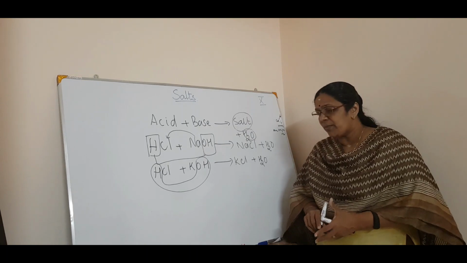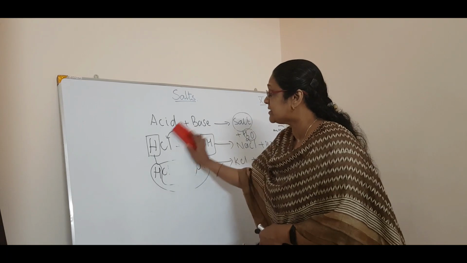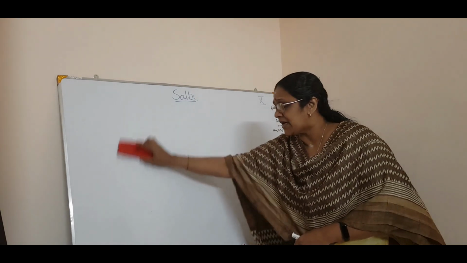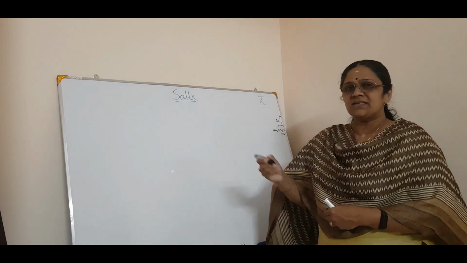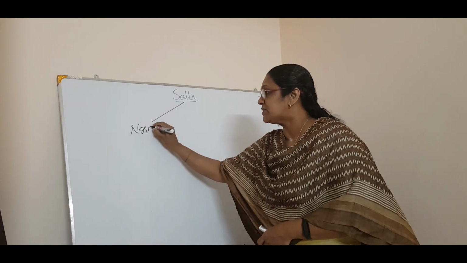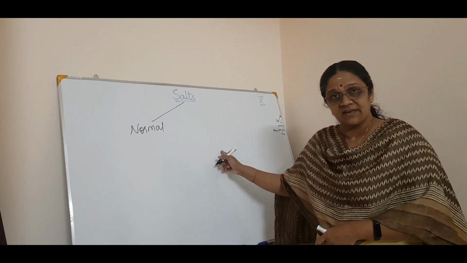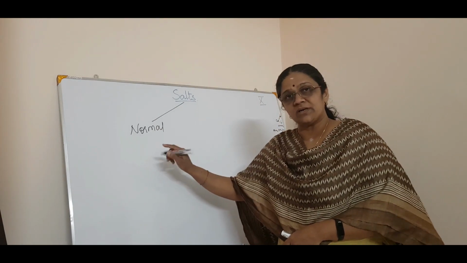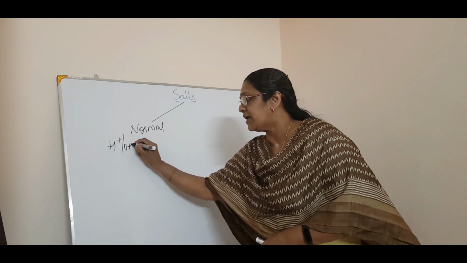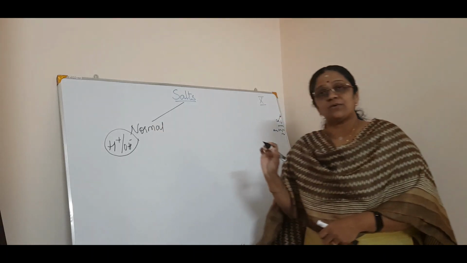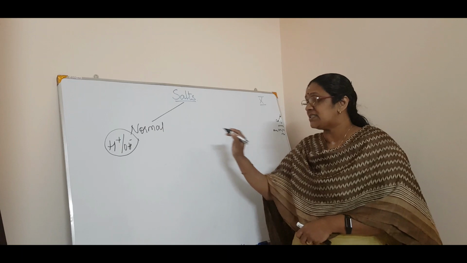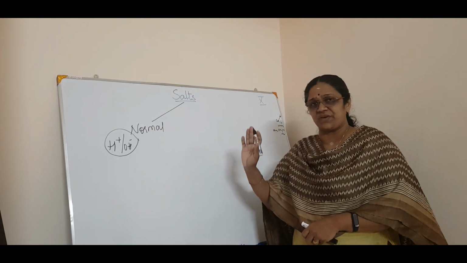When I talk about normal salt, is there any other salt you are thinking of? Actually, just for additional information, salt can be classified. Normal salt, which we have seen, is formed by the full removal of H+ and OH- ions as water, and the resultant is the salt. That is called a normal salt, formed by neutralization reaction.